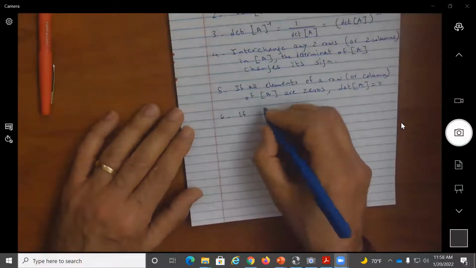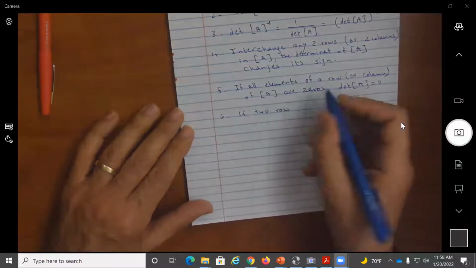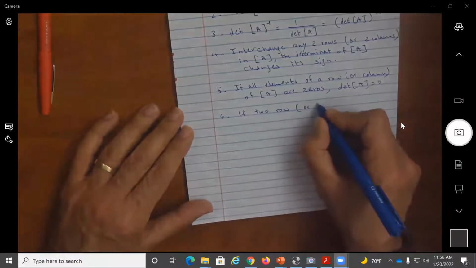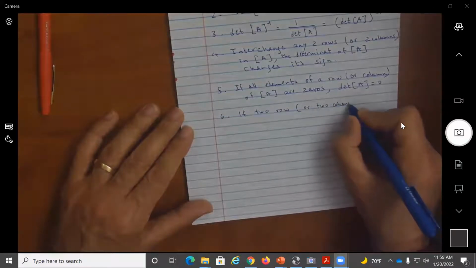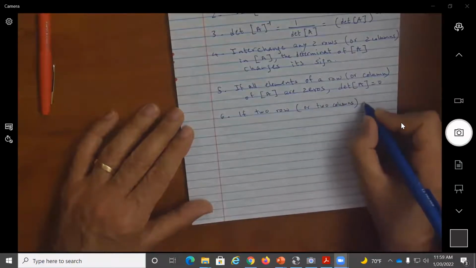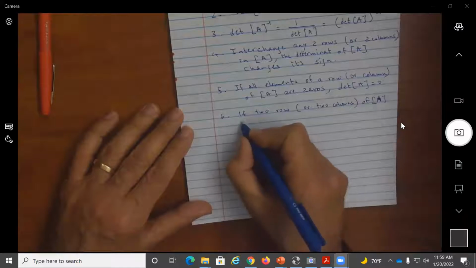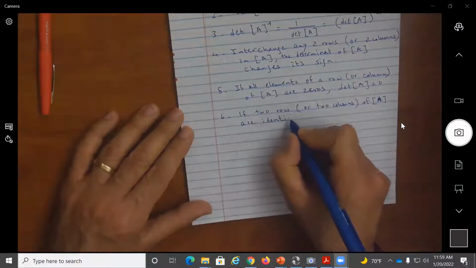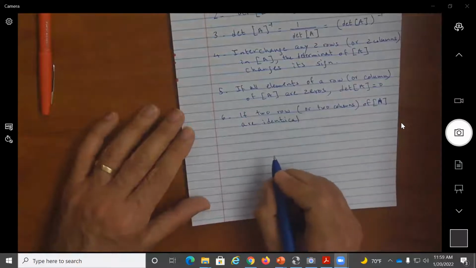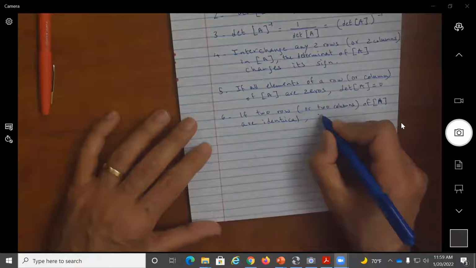Likewise, if two rows or two columns of A are identical, the determinant of A is 0.